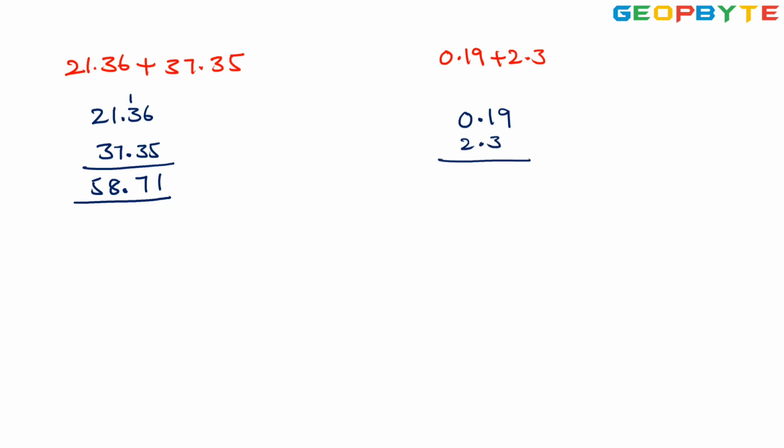Now here there is no value, so we treat it as 0. So we will get 9 plus 0 is 9. Then 1 plus 3 is 4. 0 plus 2 is 2. So 2.49. So if we add 0.19 and 2.3, then we get 2.49.